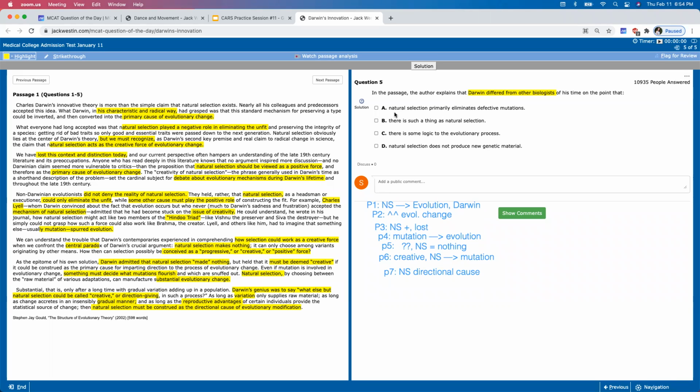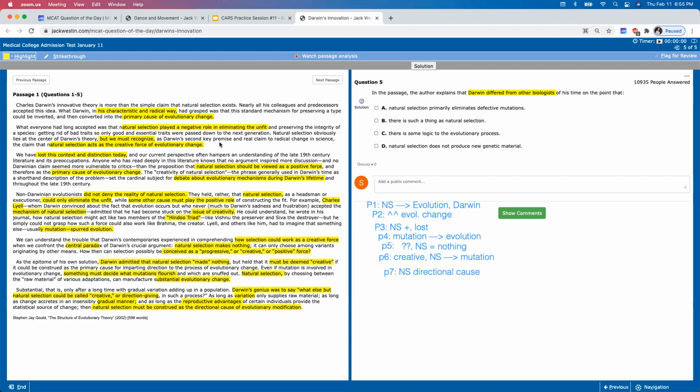Okay, yeah, great. So natural selection primarily eliminates defective mutations. Yeah, so Darwin did not think that natural selection primarily did this. And he said that we needed to think of natural selection as more creative.